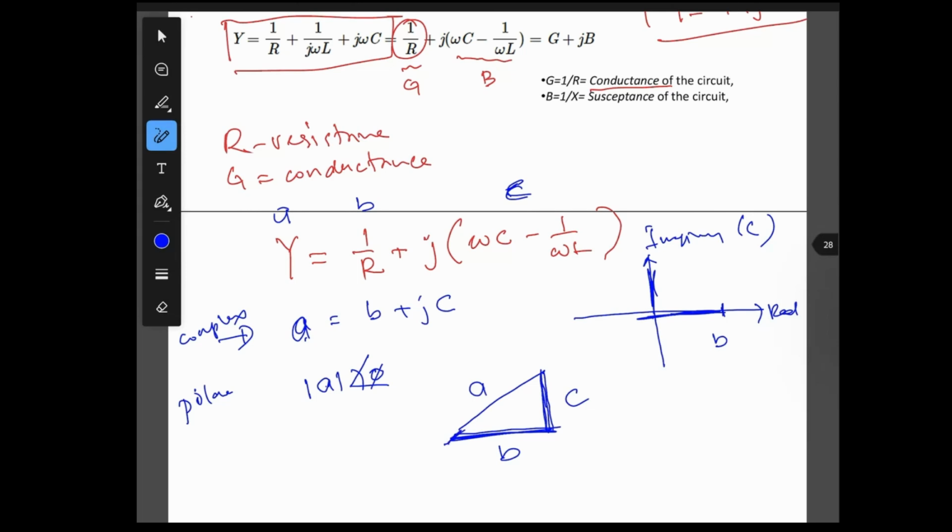A is equal to the magnitude of B plus the magnitude of C. This is phi. You already learned this in your trigonometry: A squared is equal to B squared plus C squared, and A is equal to the square root of B squared plus C squared.